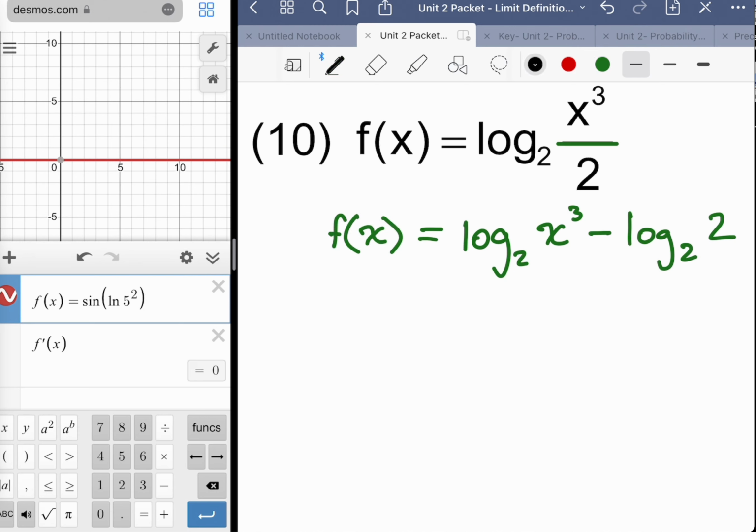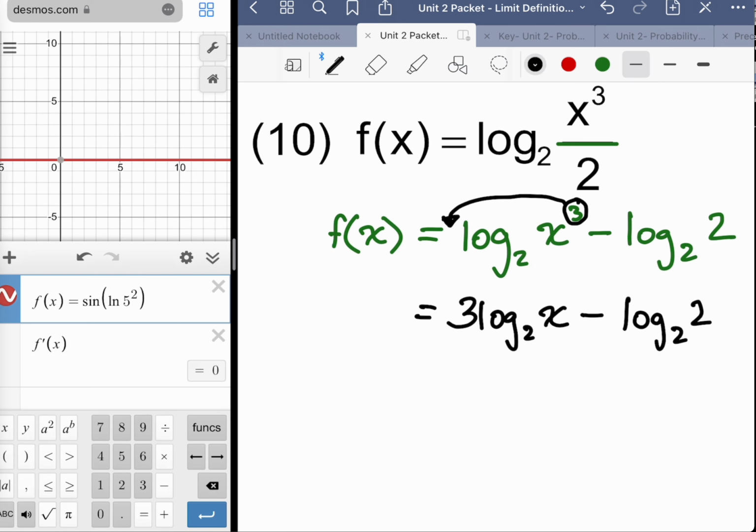I could also apply my power rule for logs. Three log base 2 of x minus log base 2 of 2. Now, you may recognize log base 2 of 2 as being something that could be simplified, because again, we go back to what the definition of a logarithm is.